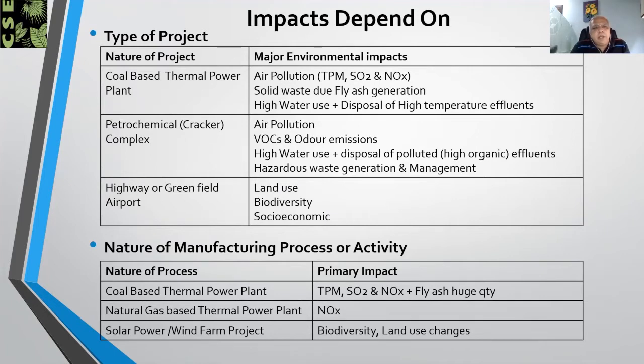For example, if you have a coal-based thermal power plant, then the major environmental impacts are identified as those from air pollution, that is particulates, sulfur dioxide, nitrogen dioxide, etc., and solid waste due to fly ash generation, as well as disposal of high temperature effluent.